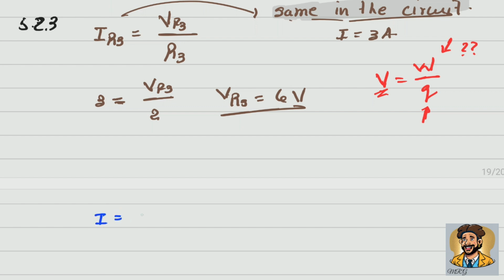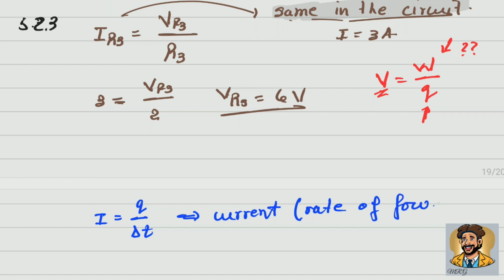Current is equal to the rate of flow of charge. This is current and is the rate of flow of charge. This is the definition.